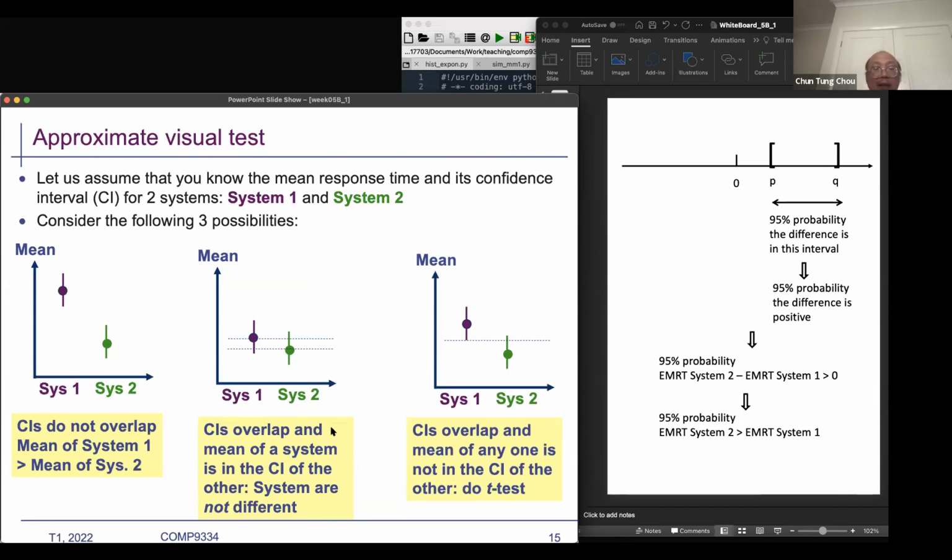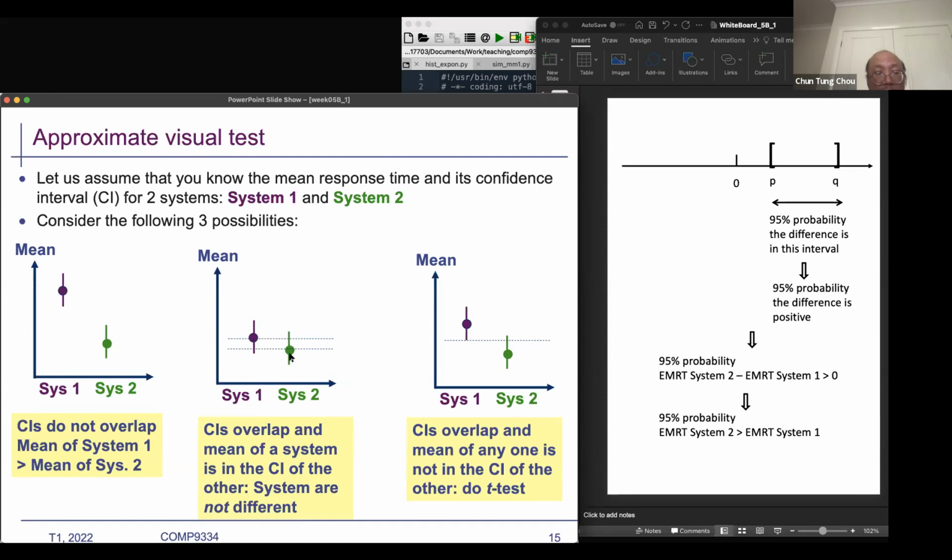Now, there is another case that we consider. In this case, the 2 confidence intervals overlap, and the mean of each system is in the confidence interval of the other. If you look at this, the mean of system 1 is inside the confidence interval of system 2 because it is here.